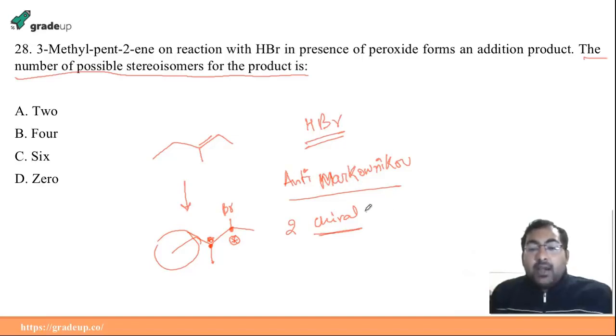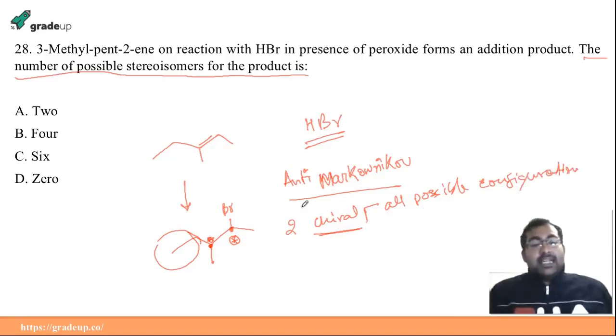When new chiral carbons are being formed, it means all possible configurations will form, and since there is no symmetry in this compound, there are no identical compounds. So all four configurations exist, and the total number of stereoisomers will be 4.